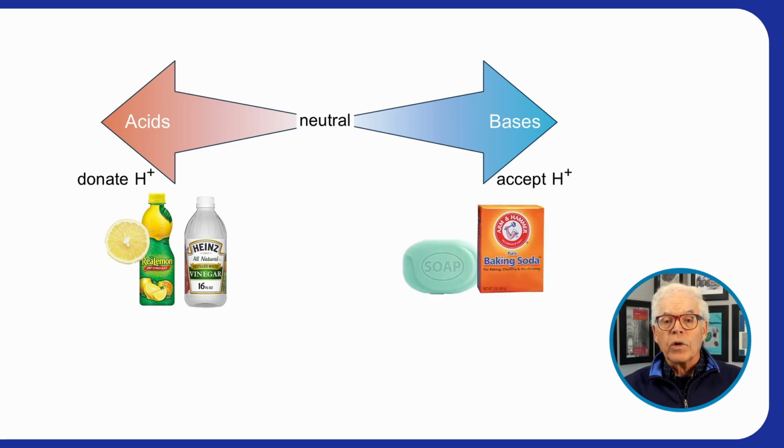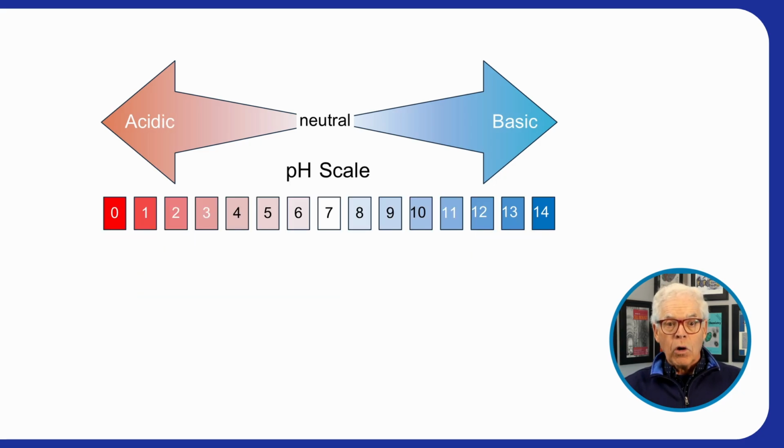pH is a logarithmic scale from 0 to 14. pH is used to measure how acidic or basic a substance is. 7 is the middle of the scale, and it represents neutral pH or pure water, neither acidic nor basic. Numbers below 7 are more acidic, and numbers above 7 are more basic.